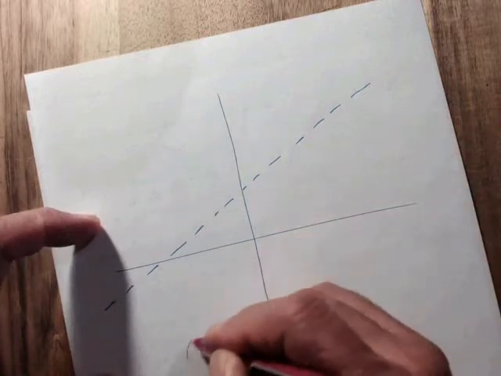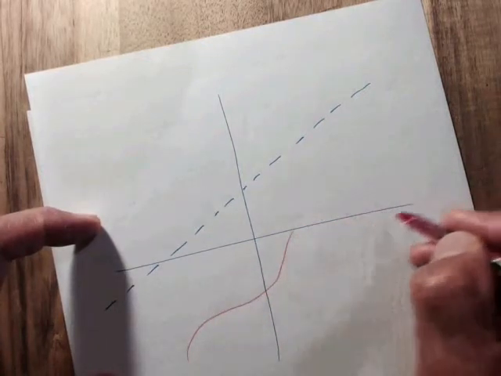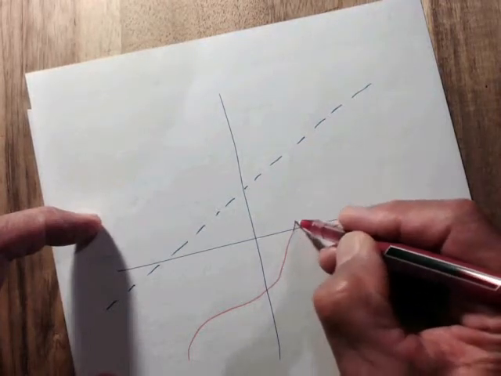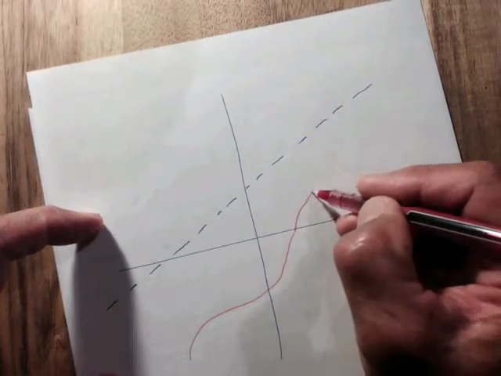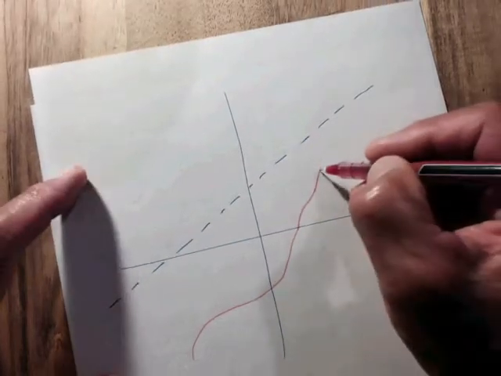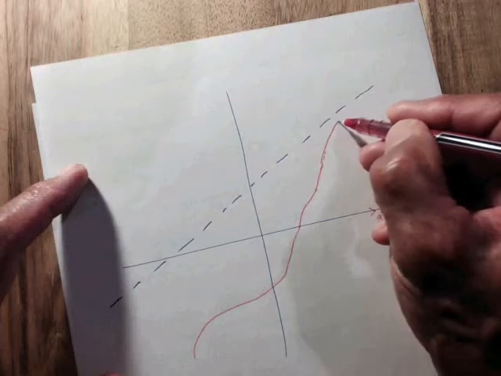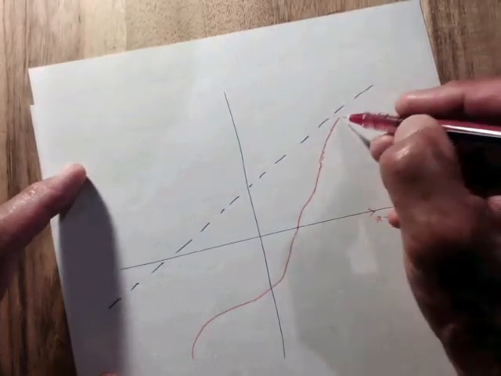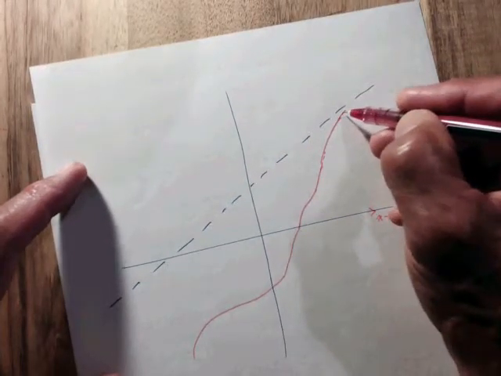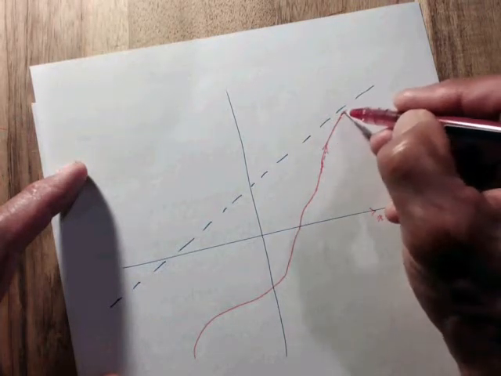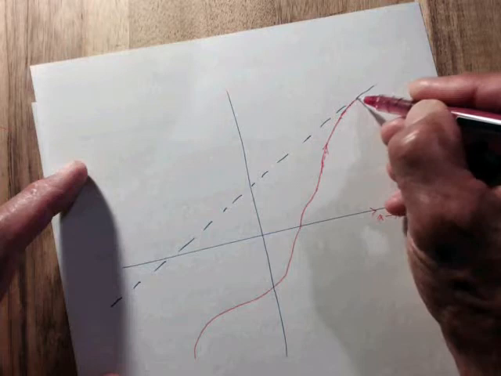See? So let's say it's like this, and as x goes to infinity, the graph of this function gets closer to the graph of this dotted line, and eventually, as I go far enough out here, the graph of my function, this red one, becomes closer and closer to this straight line.